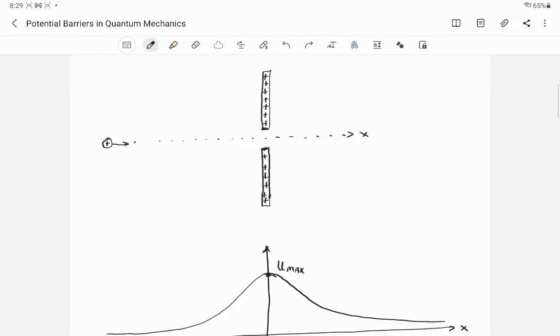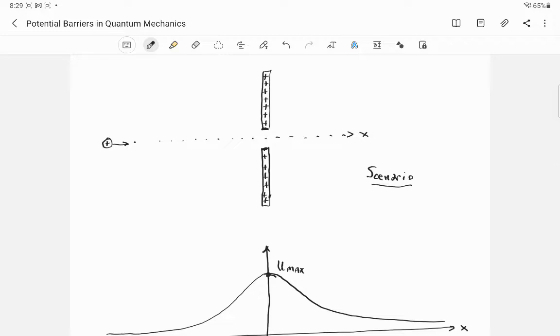Hi, in this video, I want to introduce you to what are known as potential barriers in quantum mechanics. I'm going to describe a physical situation so you have something to think about in terms of a physical thing happening.